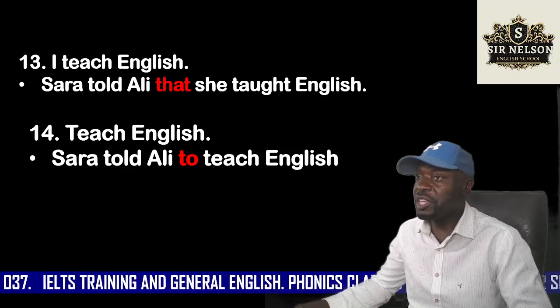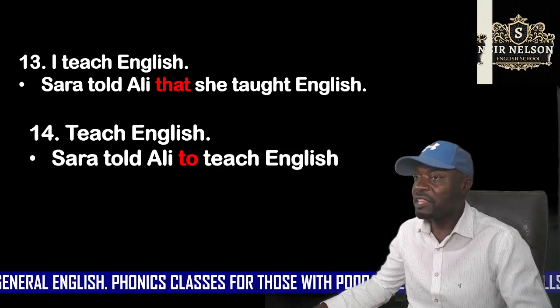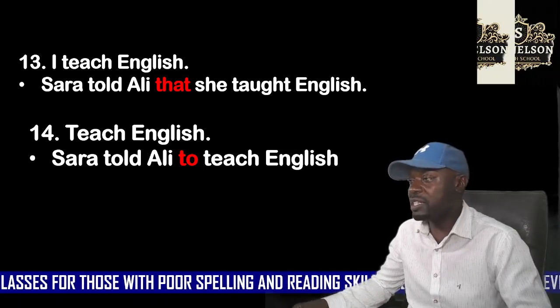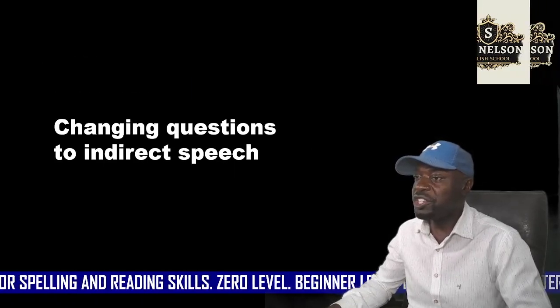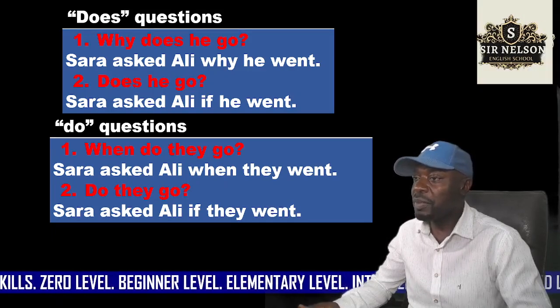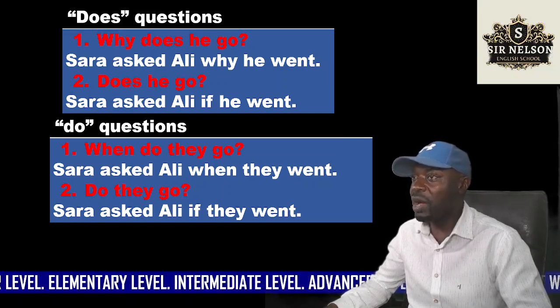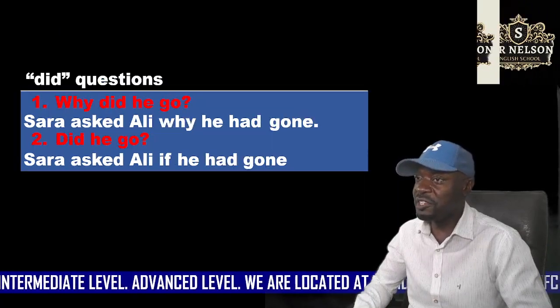If a sentence begins with a noun or a pronoun, we use the word that. If a sentence begins with a verb, we use to plus infinitive in indirect speech. Changing questions to indirect speech: does and do. Remember to change the verb to the past simple and use the word if when does and do begin a sentence.